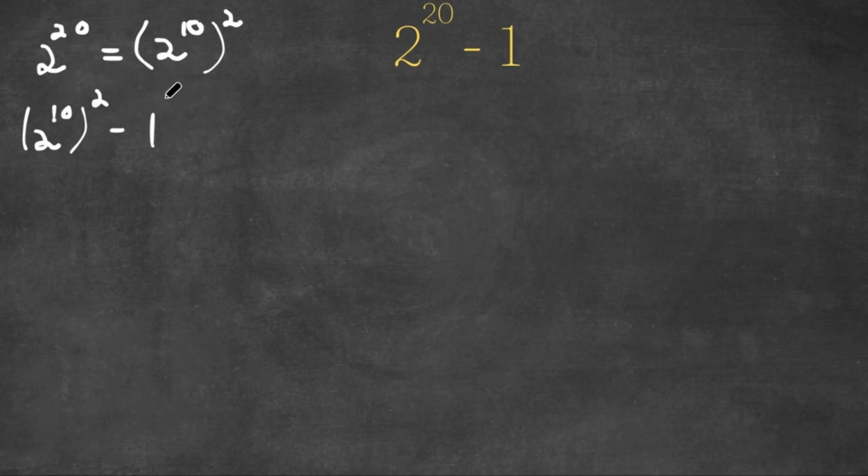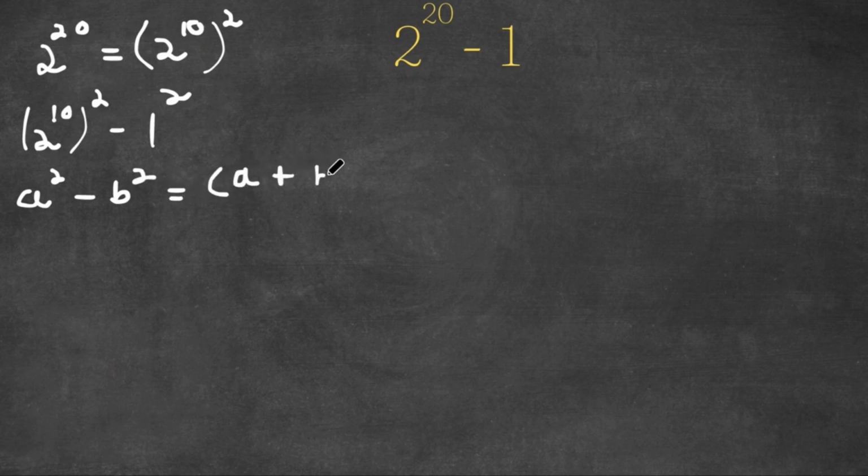And 1 is the same thing as 1 squared. And remember, if we have something in the form a squared minus b squared, this is equal to (a plus b) times (a minus b).